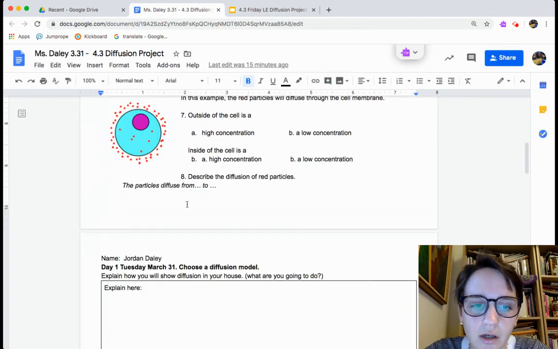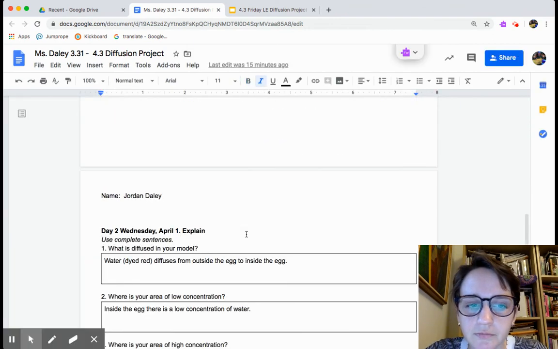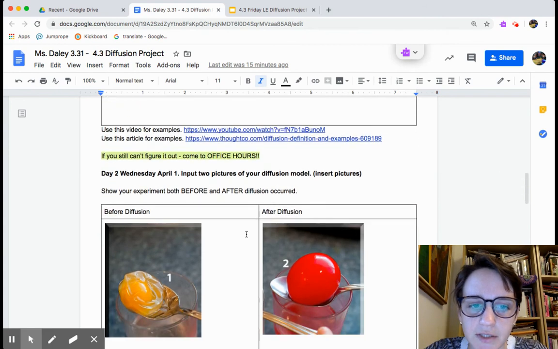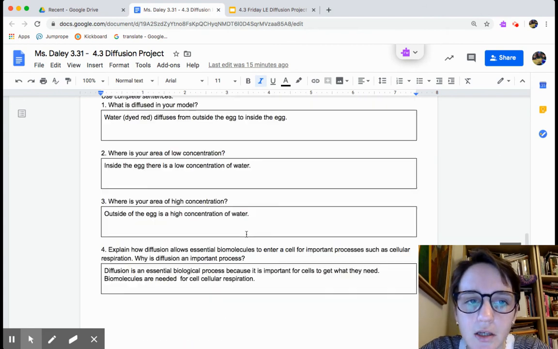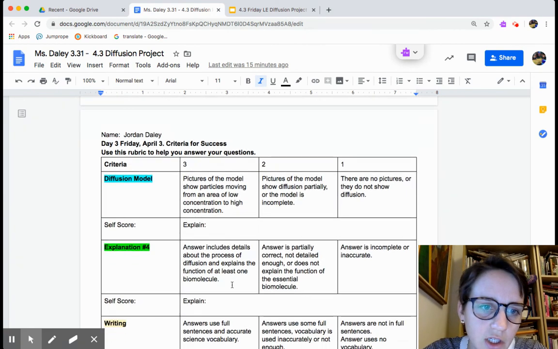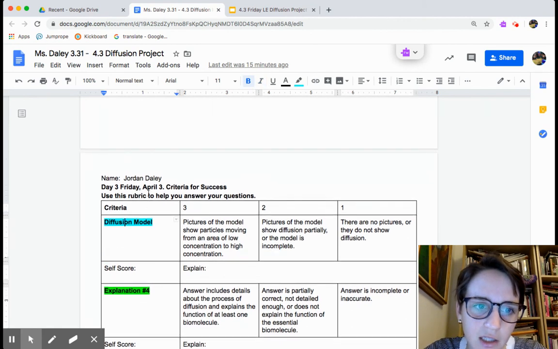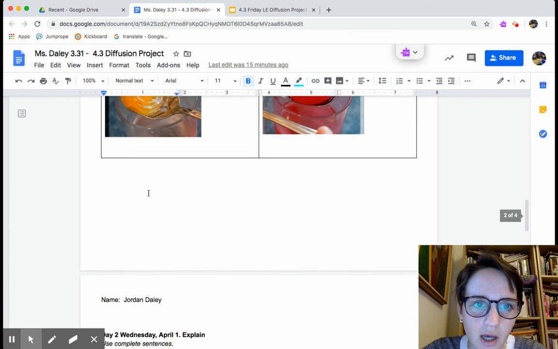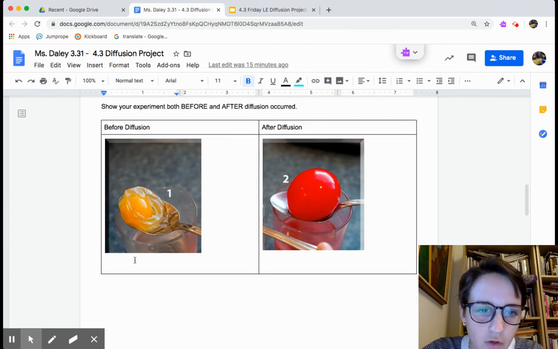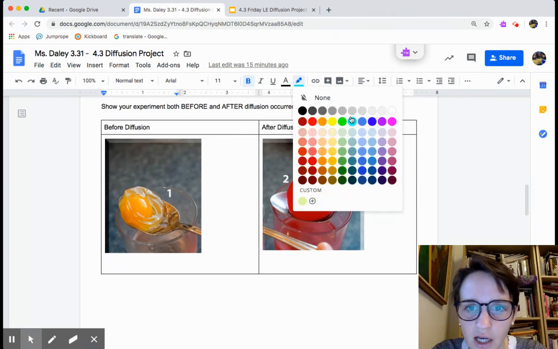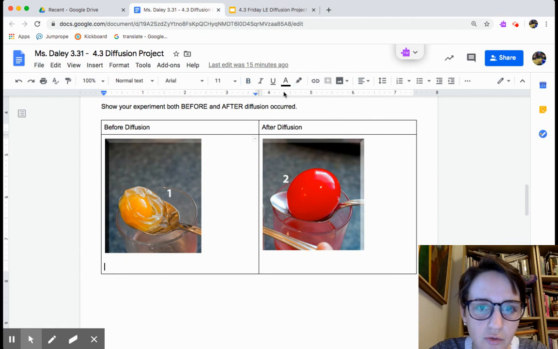I'm going to come down here. Looks like we just passed it. Okay, this is my model. So my diffusion section is in this blue highlighted thing. So when I go to my model, I'm going to use a blue highlighted text to make some notes here.